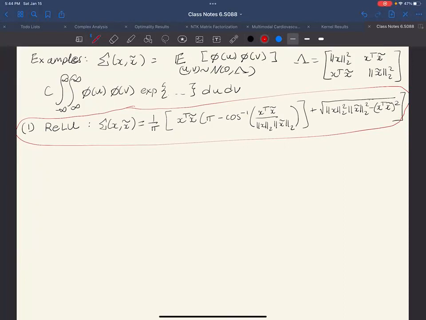Okay. Of course, there's many, many other examples. It wouldn't be interesting to just have it for ReLUs, although we will work with ReLUs quite a bit in this class, also the sine function. You can also do the same thing for the sine function. And by the way, when I say ReLU, I'm setting phi of x equals max of 0, x. And then for sine, of course, I'm setting phi of x equals sine x.